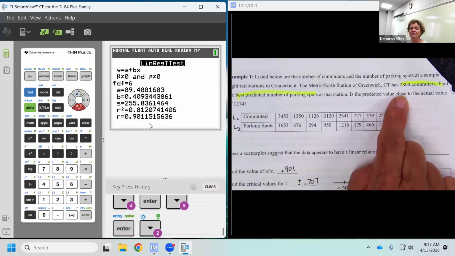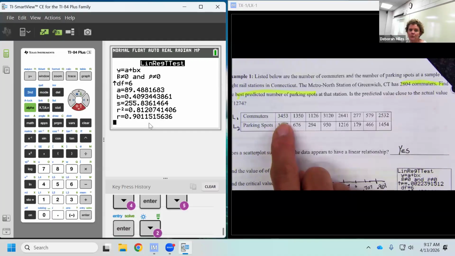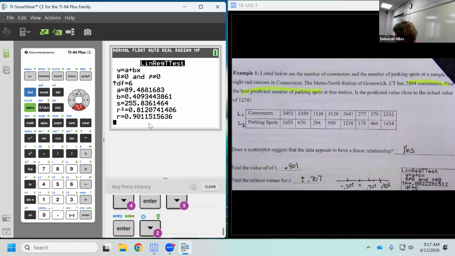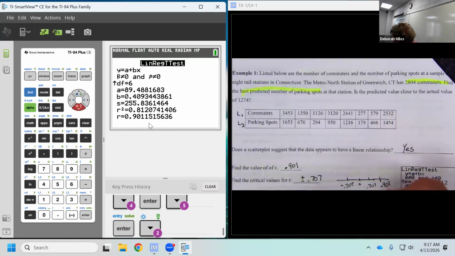Or it'd be okay if it was a little bit outside that range. Maybe 3,500 would still be okay, but you wouldn't use it for, let's say, 10,000 commuters, because that's far outside the other X values that we have. So is the prediction within the scope of the available data? Yes.